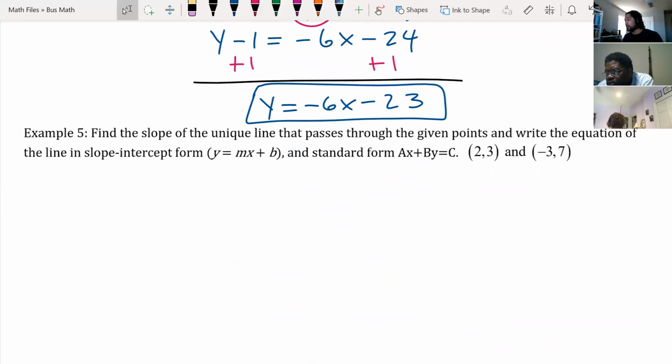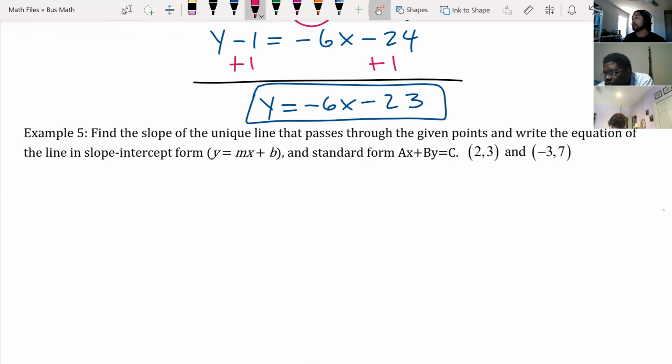So remember, if we're going to use the point slope formula, we need those two ingredients. We need a point and we need a slope. Well, they're only giving us 2 points. And from what we learned today, what can you find between 2 points? A slope. Good.